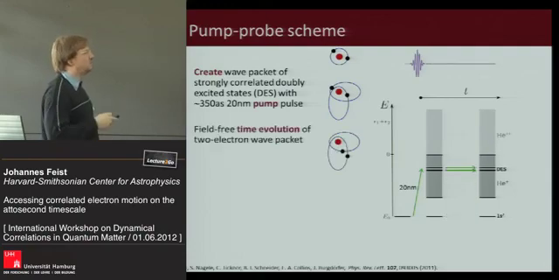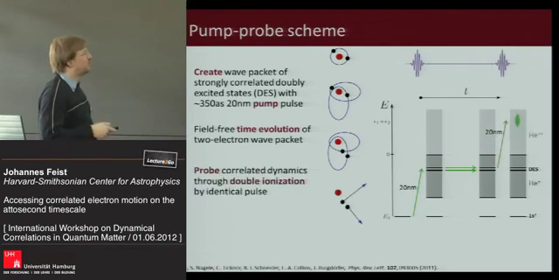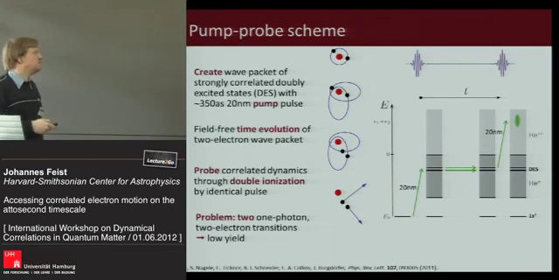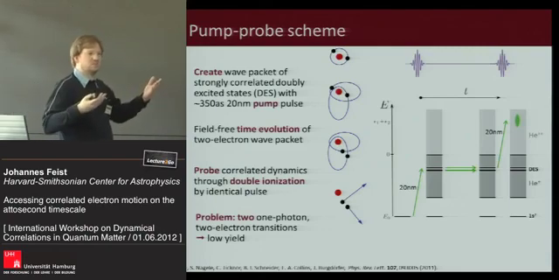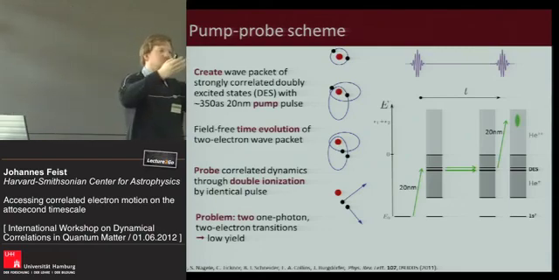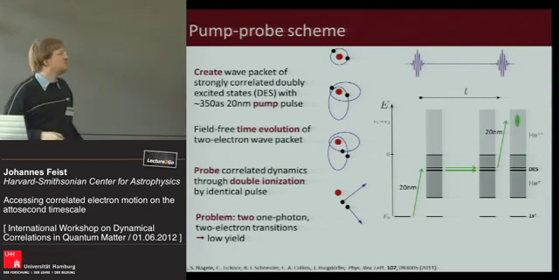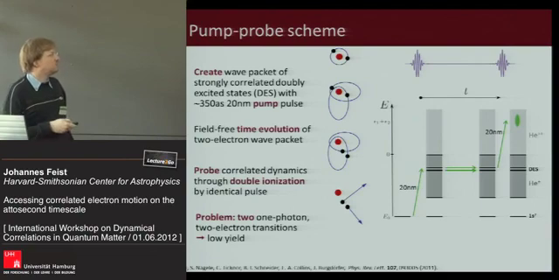Then you wait for some time, you let them evolve, and then you want to probe the correlated dynamics by using another pulse, and in our case we take an identical pulse to kick out both electrons and look at double ionization. The problem with this scheme is that you have in both steps, both in the pump as well as in the probe, one photon transition that has to talk to both electrons, because you have to excite both electrons into the doubly excited states with one photon, then you have to ionize both electrons with one photon again in the probing part.